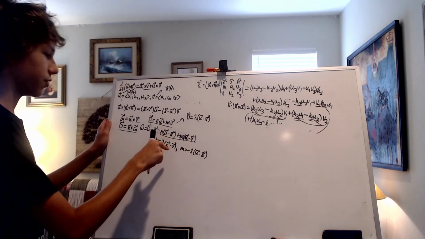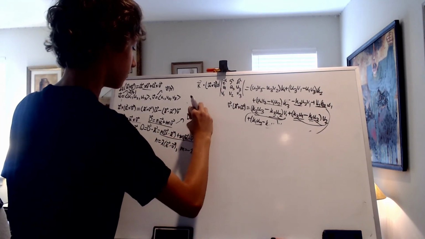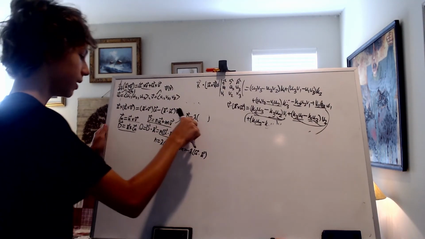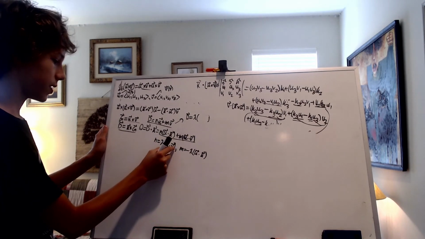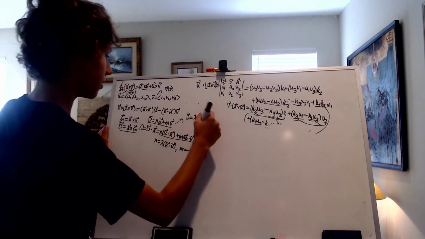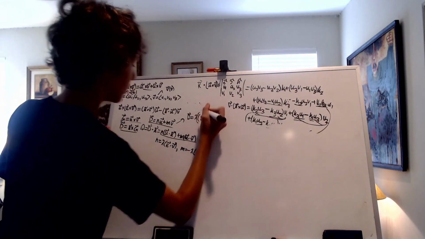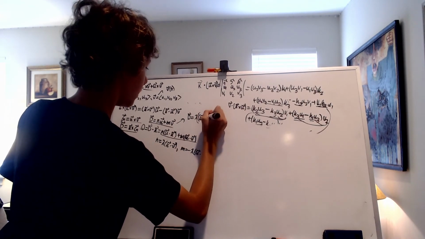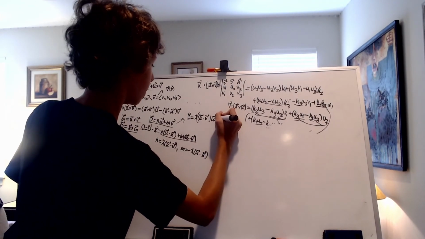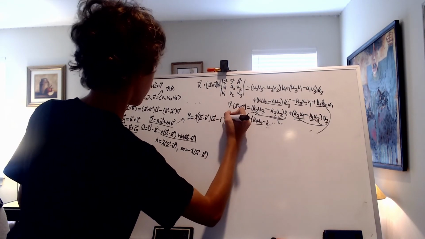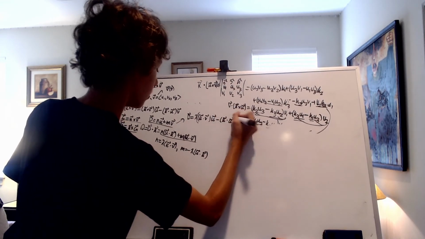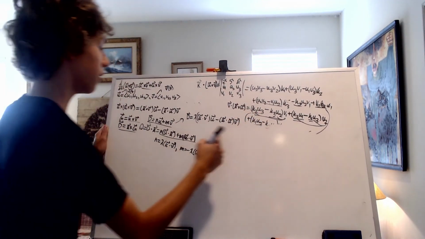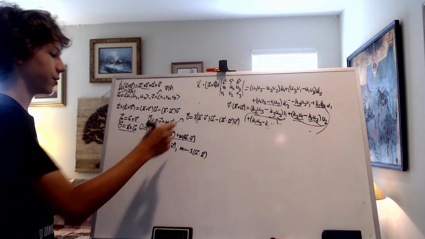So N is equal to lambda times K dot V. So in here I should have two parentheses. We're going to have exactly (K dot V) U minus (K dot U) V.